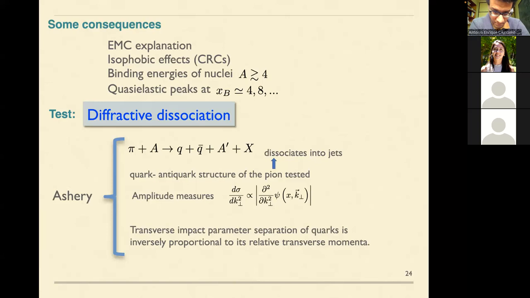Because you can measure the distribution in momenta, and that can be related to the wave function of the pion.